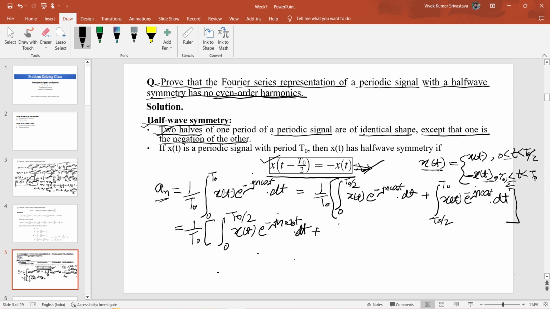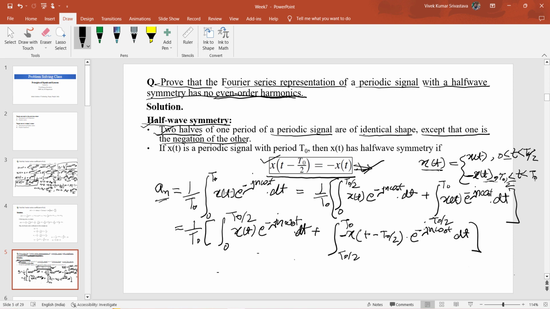plus the integral T naught by 2 to T naught, minus x of t minus T naught by 2 into e raised to the power minus j n omega naught t dt.